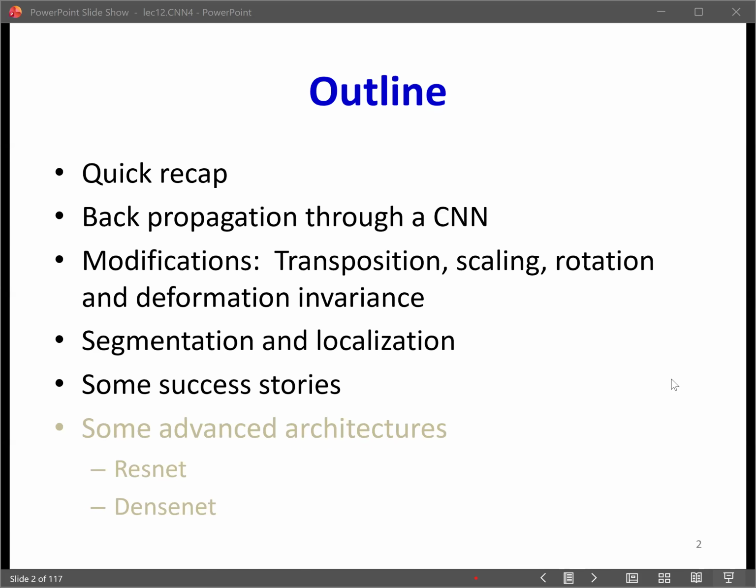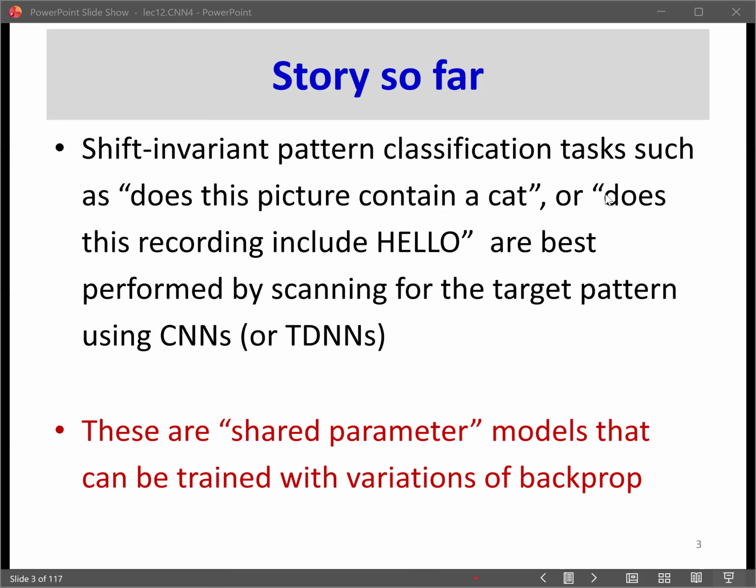We'll look at some modifications, transposition, scaling, rotation, deformation, invariance to other kinds of operations besides shift. We'll look at segmentation and localization, and a little bit of the history of convolutional neural networks, which hopefully will give us time to briefly mention a couple of very popular architectures, ResNets and DenseNets.